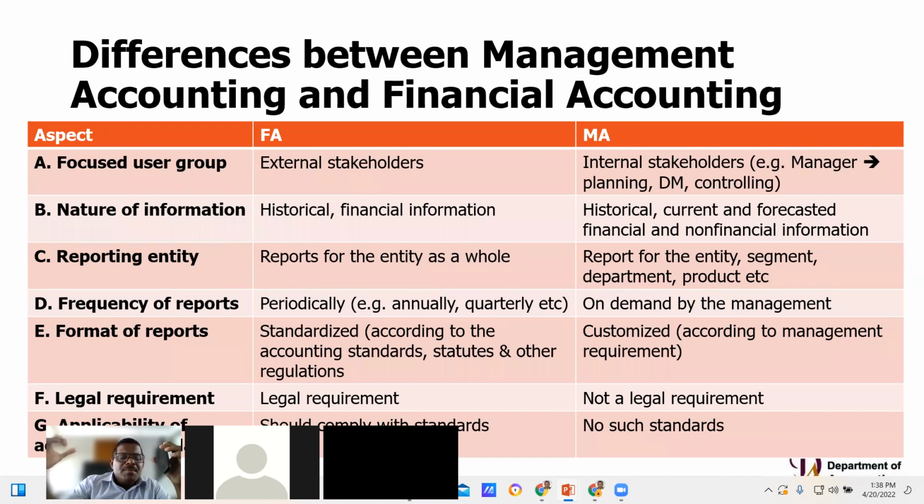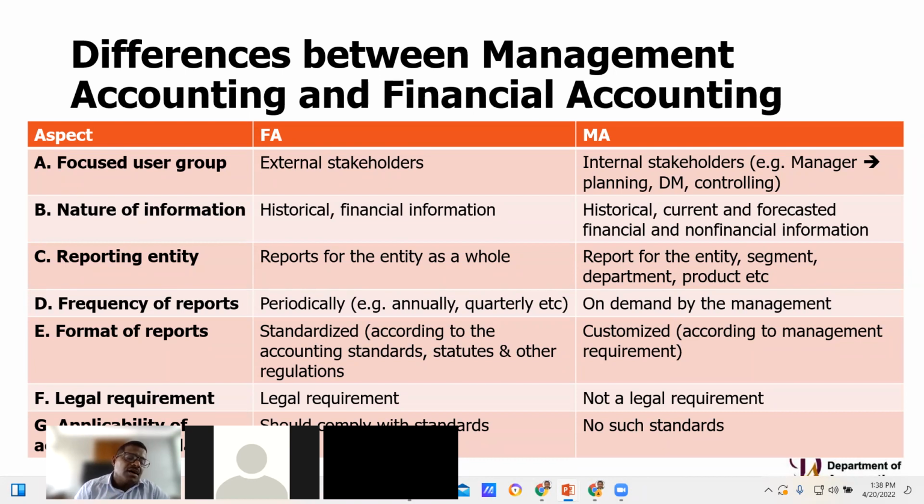So the management accounting will help you to value the inventory. They have different segments: material cost, labor cost, and manufacturing cost. So you can get the unit cost of a product, and that will help you to measure the closing inventory.